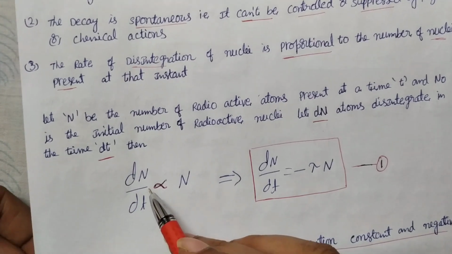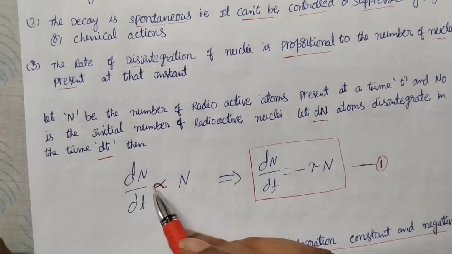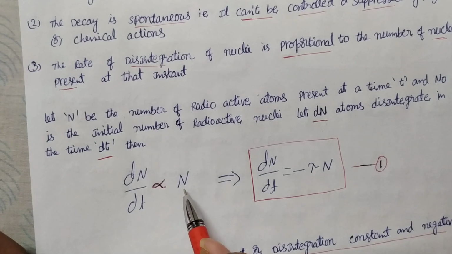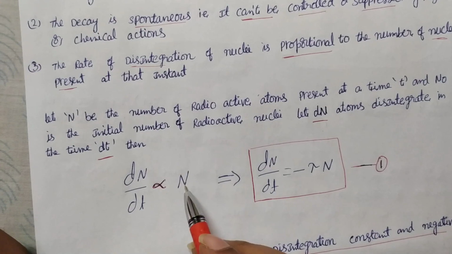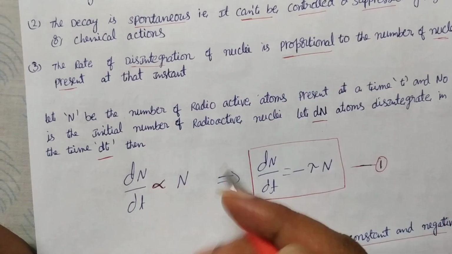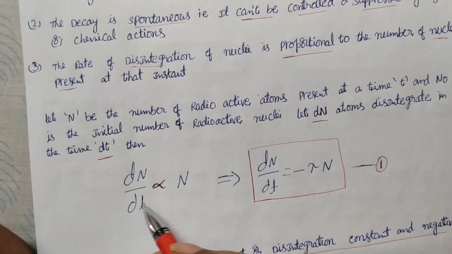The number of nuclei that break, disintegrate, or we can say decay, from parent to daughter nucleus is directly proportional to the number of nuclei present there. If more nuclei are available, disintegration is faster. That is, the number of nuclei that break is more, so decay is more.